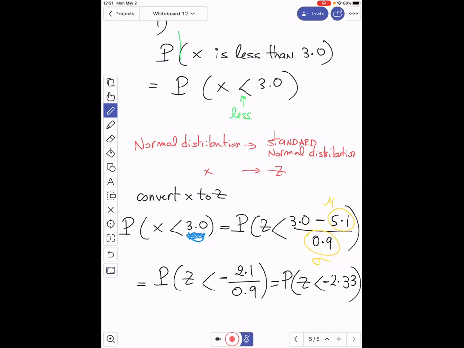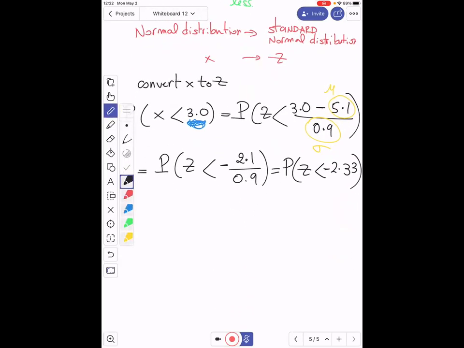All right. Now, what do we do with this negative 2.33? Why do we bother ourselves to convert this x to z? The thing with the z is that we have a chart for z, and we can use the chart to find this probability, right? Here it's important that z is less than negative 2.33.